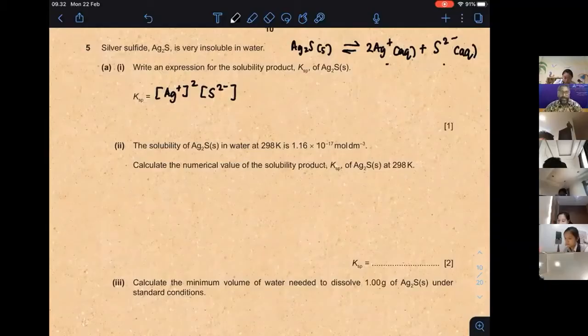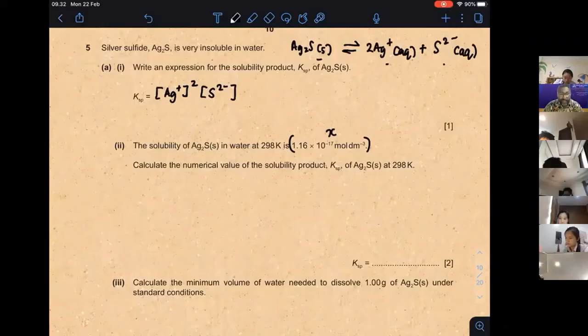So what is solubility? It means that, let's say the reaction is happening, and we take the amount dissolved as X. When you add water, the solid Ag2S will be minus X in the number of moles.